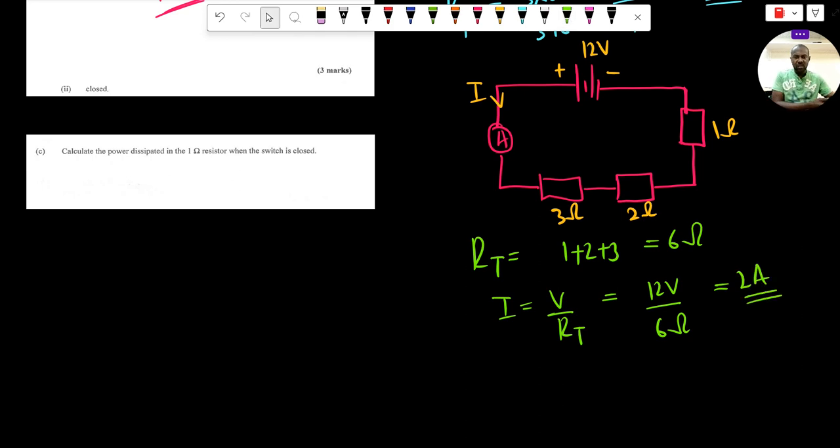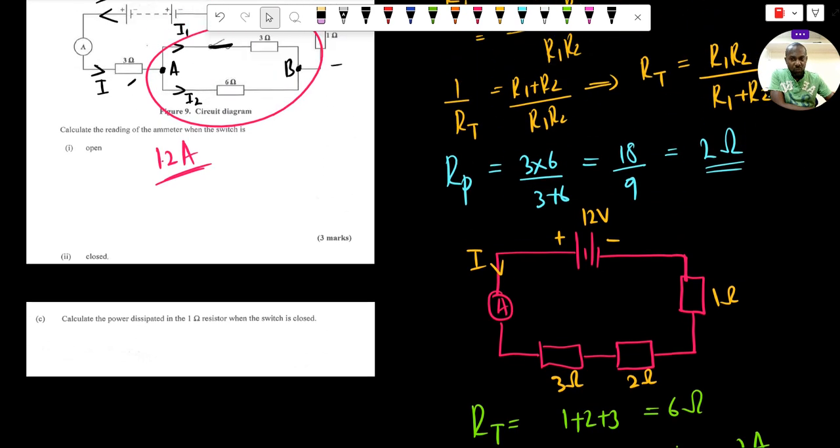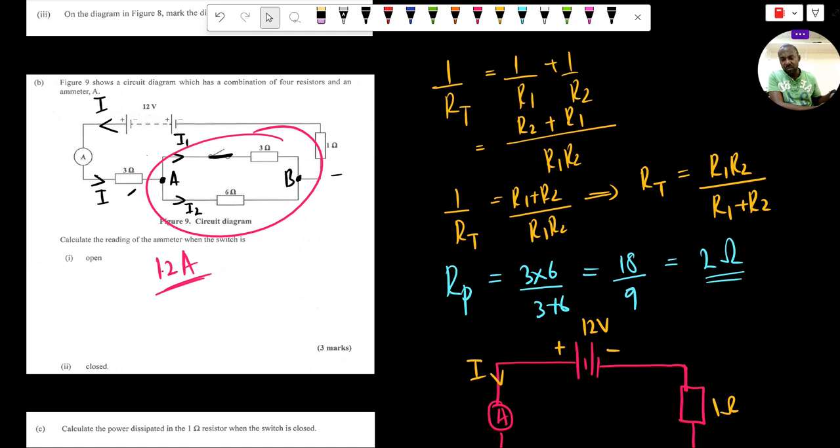So we notice that when the switch is closed, we actually have a larger current flowing, and that is due to the fact that once you connect resistors in parallel, their effective resistance is going to be less than even the smallest resistor in the parallel combination, right? So in this particular case, because we had a 3 ohm and a 6 ohm in parallel, the overall resistance of those two in parallel would be less than 3 ohms.